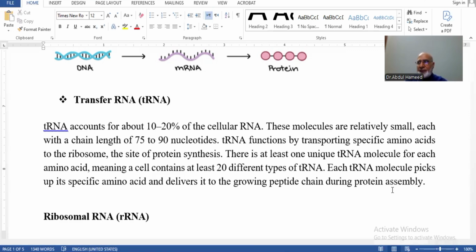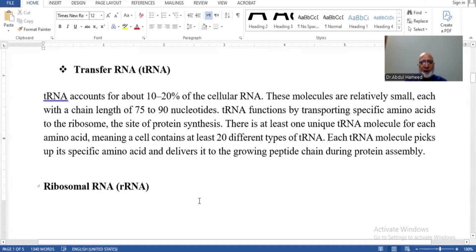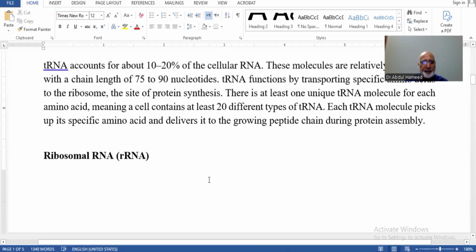So their function is to adopt amino acids and to take them to the protein synthesizing machinery, that is ribosome. So at least there should be 20 different types of transfer RNA for the 20 amino acids, and they are responsible for a bond forming between amino acid and the transfer RNA. The enzyme will take part in it.